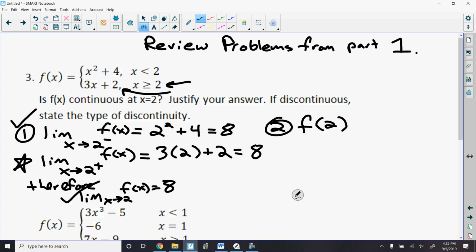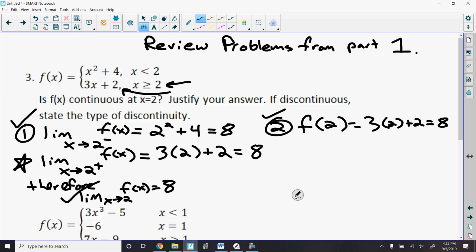By the way, if the bottom function was just x greater than 2, it didn't have the or equals to in there, then f of 2 would be undefined, right? We don't plug in anything for 2. So f of 2, I plug it into the bottom. I get 3 times 2 plus 2 again, to get 8. So that passes step 2.